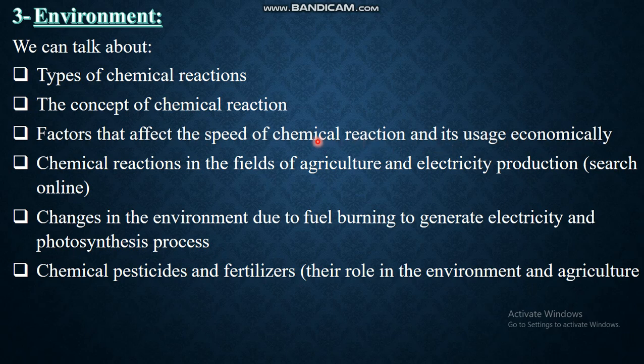By making refrigerators and making more industries that use heat to increase the speed of chemical reactions, and using nickel fillings instead of a piece of nickel, like we talked about before. Here, chemical reactions in the field of agriculture and in generating electricity.